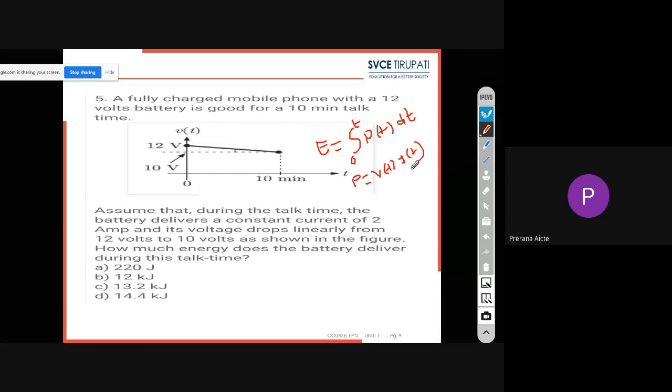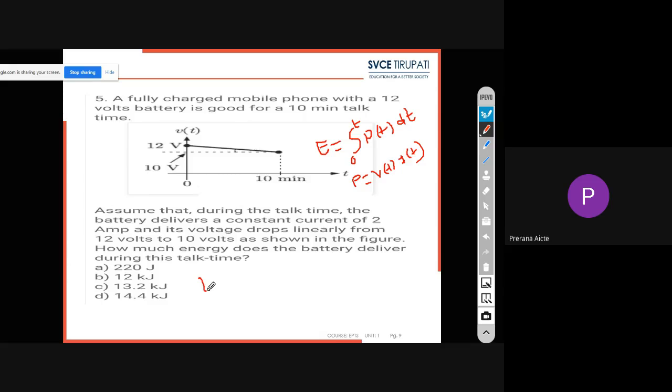Okay. So they clearly mention the voltage will change from 12 volts to 10 volts during the talk time. But what about current? The current is delivered constant. Voltage will change, but current is constant. Just substitute voltage and current in P of t.